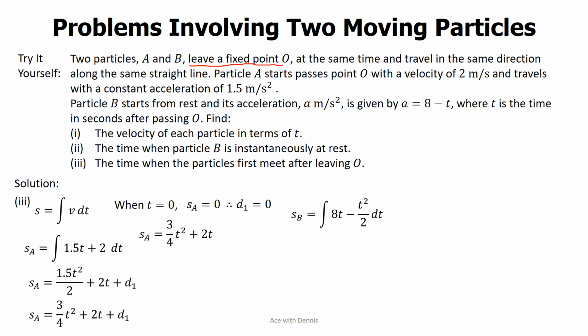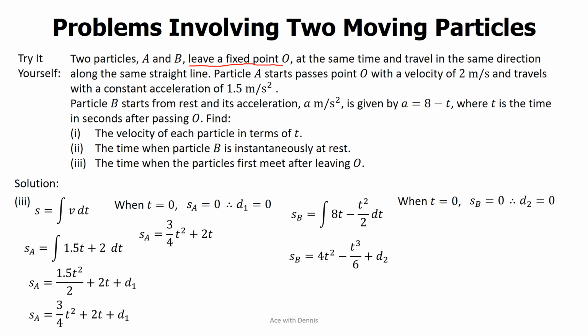To find the equation of displacement of particle B, SB, it equals integration of 8t minus t squared over 2 dt, which gives us SB equals 4t squared minus t cubed over 6 plus d2. So when t equals 0, similar to SA, SB equals 0. Therefore, d2 is 0.